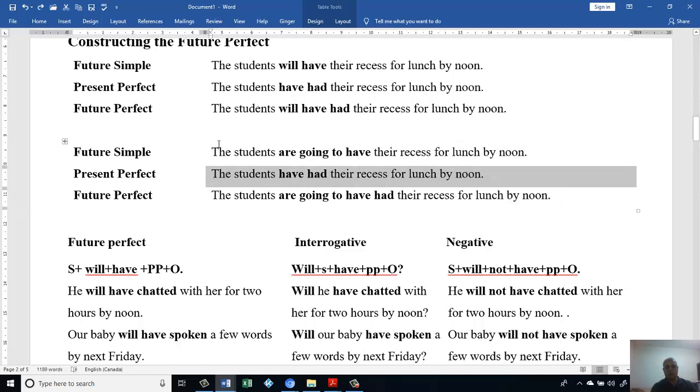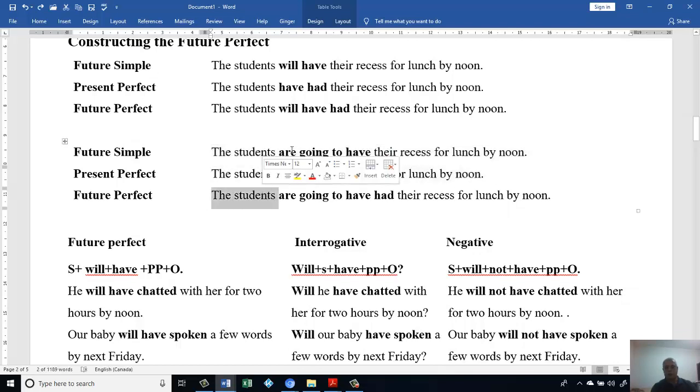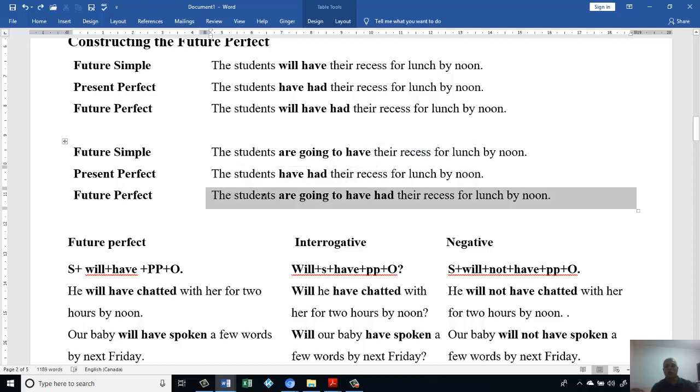We have to make those two sentences into one sentence. From the first one, we make it future with the commitment, same "are going to", then we mix this part with the new sentence. We say the students are going to have had their races for lunch by noon.